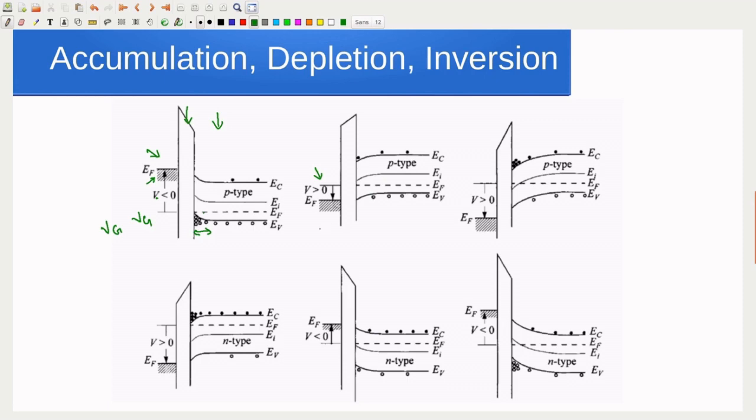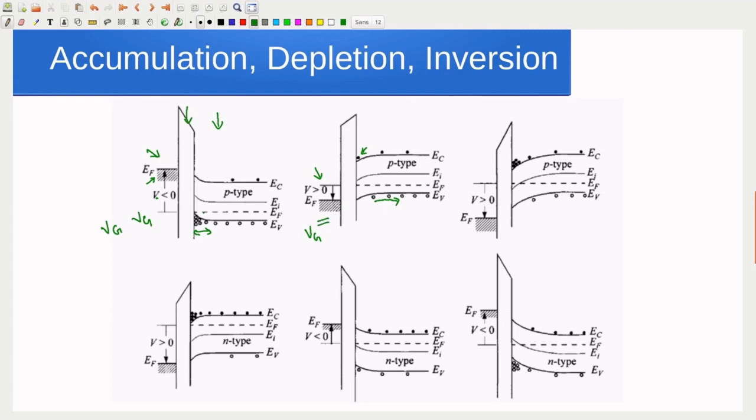Now, if we apply a smaller positive voltage, Vg is slightly positive. Since we are applying a positive voltage, the holes will be repelled. Electrons in the conduction band will be getting attracted towards the junction between insulator and the semiconductor.